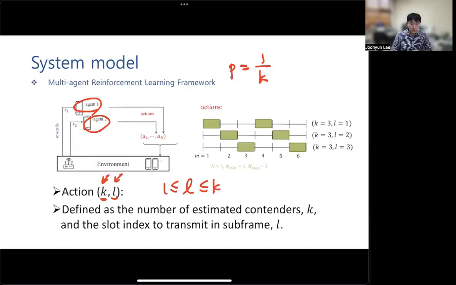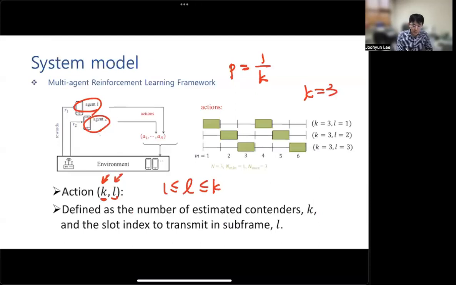So here as an example, when we have k equals 3, the number of slots in a subframe is 3, since this user thinks there are 3 users. So it's ideal if these 3 users transmit at different slots.